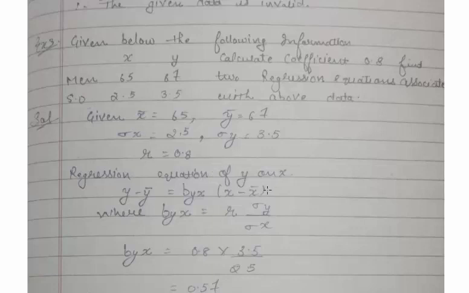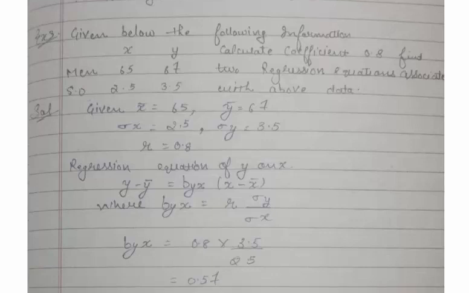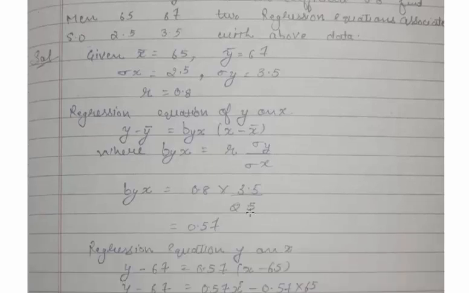First, we suppose the regression equation of y on x: y minus y bar equals byx times (x minus x bar), where the value of byx equals r sigma y over sigma x. We substitute all these values because these values are given. Sigma y is 3.5, sigma x is 2.5 and r is given as 0.8.